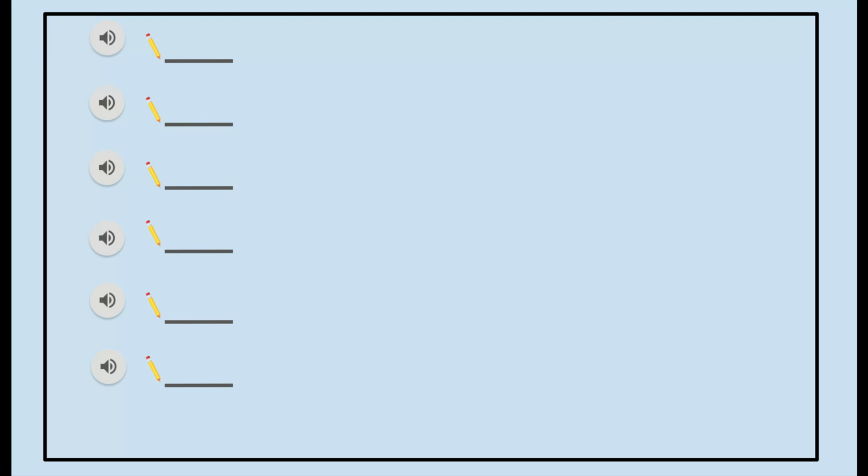Now let's listen for the sounds and write the letter or letter pairs that represent the sounds that you hear. Here's number 1. I. Number 2. Ow. Number 3.